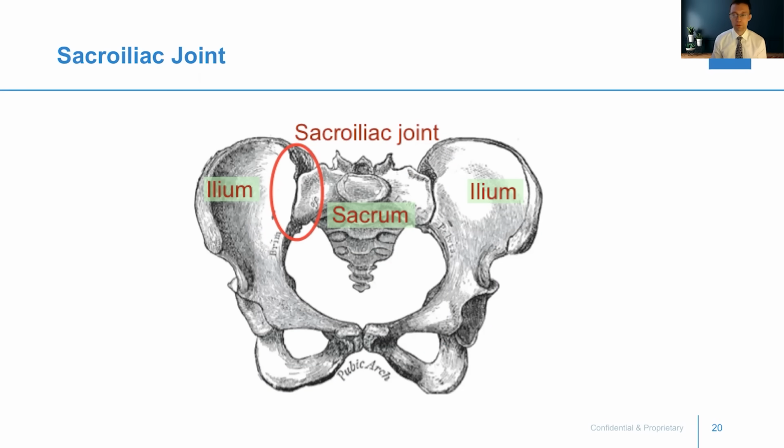Another common type of low back pain affects the sacroiliac joint. The sacroiliac joint is a large, relatively mobile joint where the ilium articulates with the sacrum in the pelvis. This joint acts sort of as a stress relief joint, most likely, in the pelvis, and it's also a point of transmission of people's body weight from the spine and the torso to the legs.